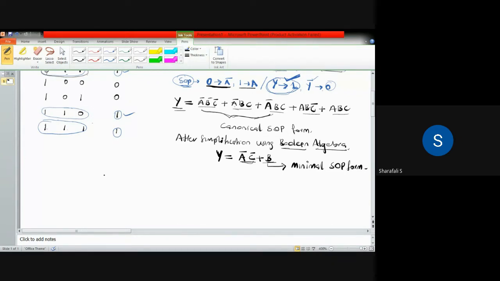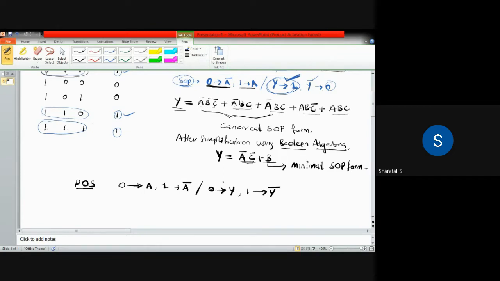And now we'll consider the POS form, that is, product of sum form. As you know, product of sum means you have 0 as your A and 1 as your A bar. In the same way, you can consider 0 as your Y and 1 as your Y bar in case of POS.